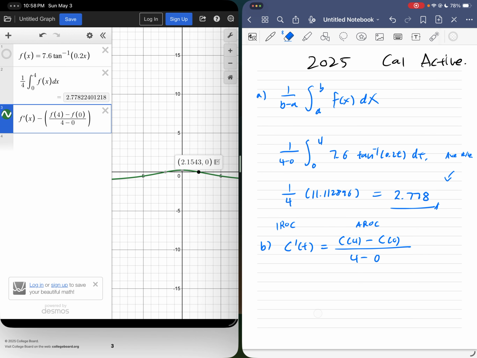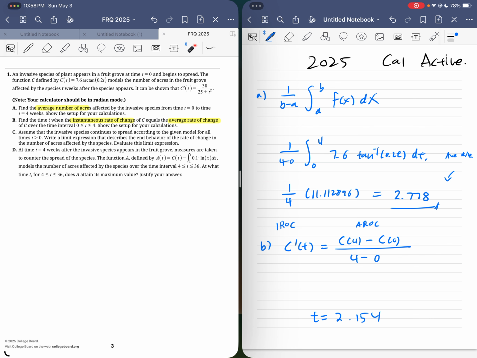So t equals 2.154, but for your work, I will probably write this down on the paper just in case.